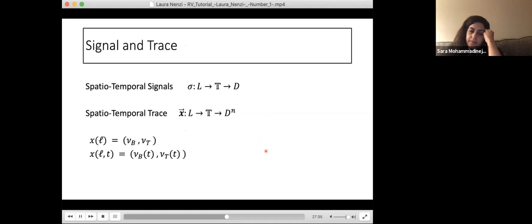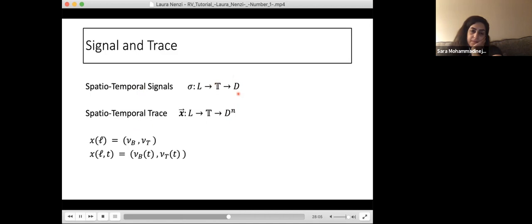And finally, we define the signal and the trace. The signal is just a function that associates at each location a temporal signal, where D can be different things. It can be a Boolean set, or the real values, or maybe also integer values.